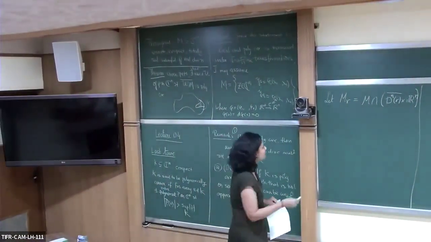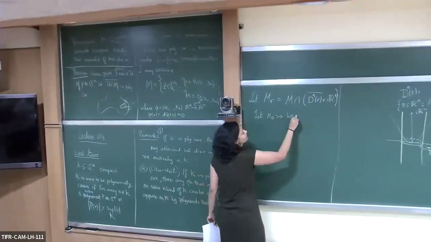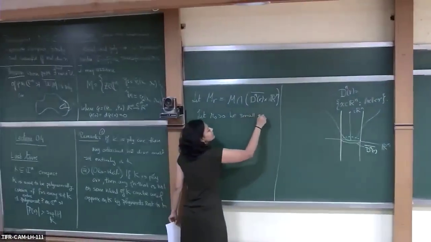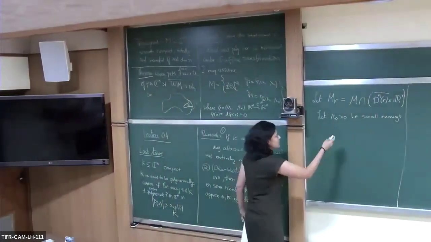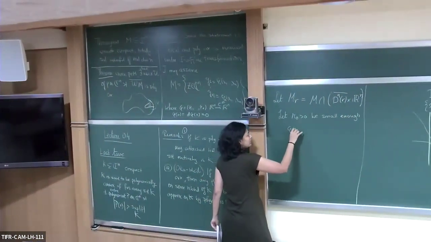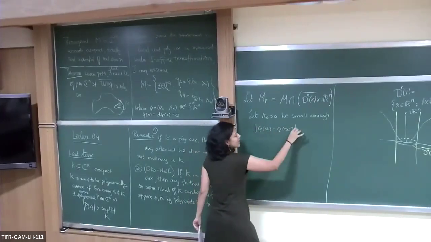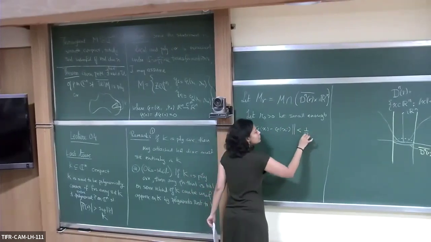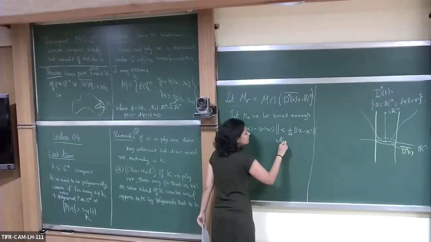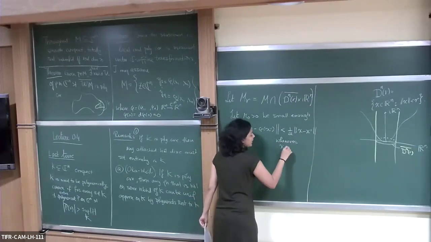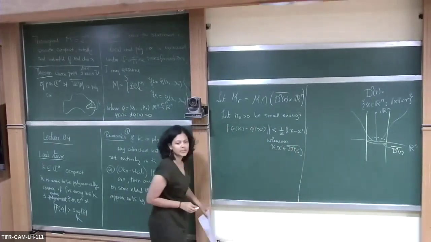And what I'll do is further, let R0 be small enough. Because dP of 0 is 0, I can assume a Lipschitz condition. I take R0 small enough so that the norm of P(x) minus P(x prime) is at most half of the norm of x minus x prime whenever x and x prime are in the closure of the ball of radius R0.